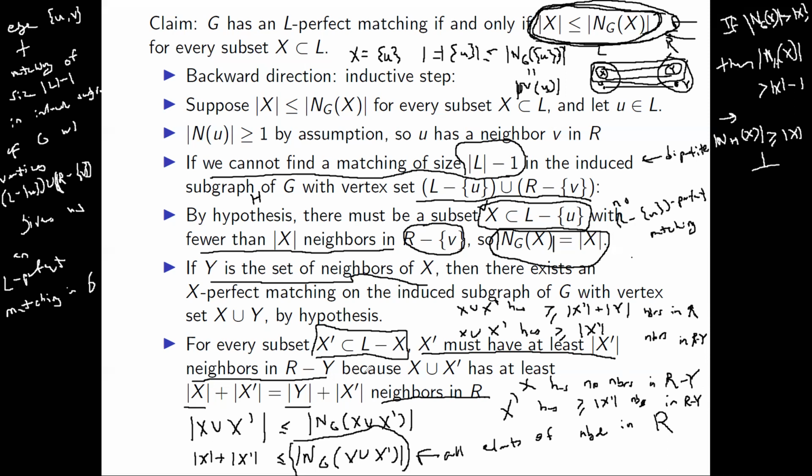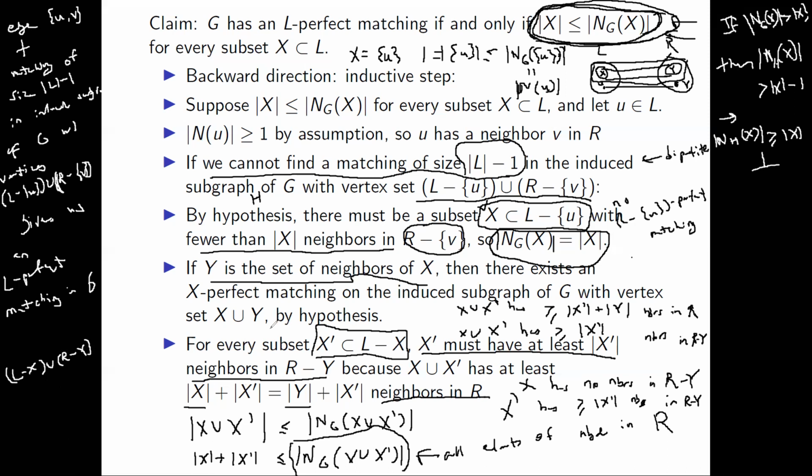So we proved that for every subset x prime of L minus x, the size of its neighborhood in the graph, when we take the graph with vertex set L minus x union R minus y, the induced subgraph of G with that vertex set, we showed that every subset of the left side has a neighborhood at least as large as itself on the right side.